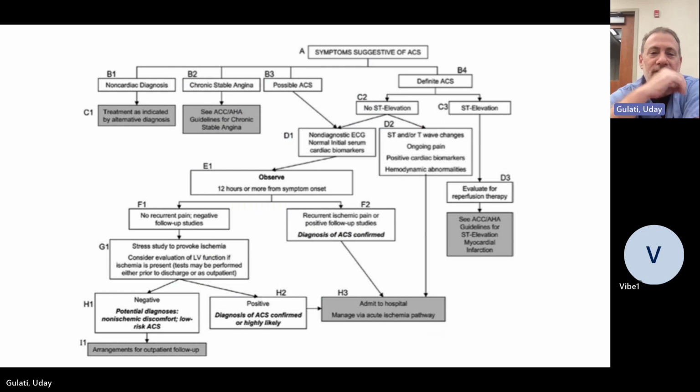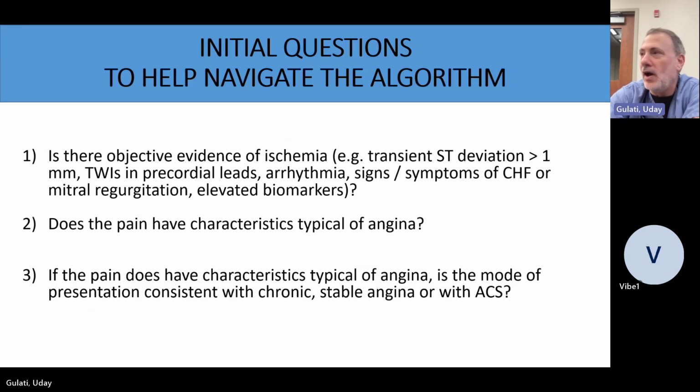So this is the type of algorithm that you will see in the ACC guidelines and in textbooks and on UpToDate. And I think that what our emergency room physicians and our internists often do not do is simplify that and ask a couple of key questions so people like us who end up managing the sick patients in the hospital have an easier time sorting out who's actually sick and who's not, right?